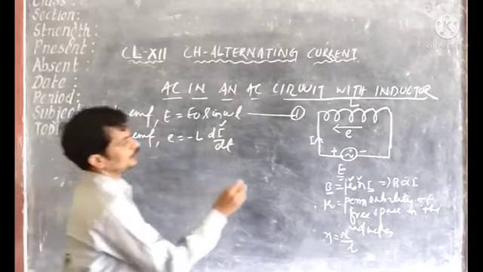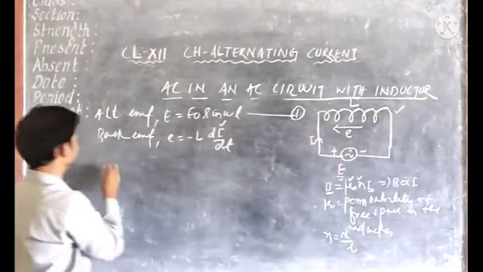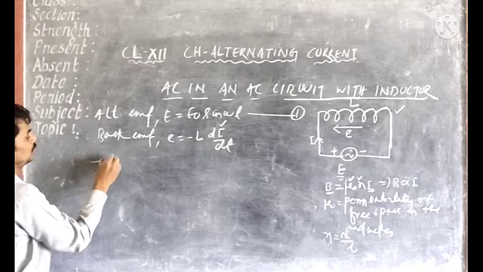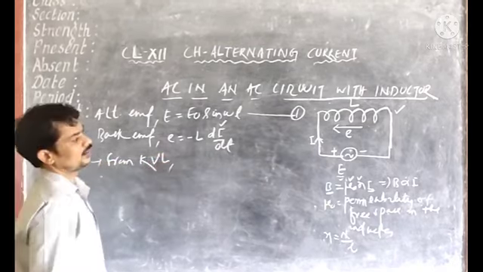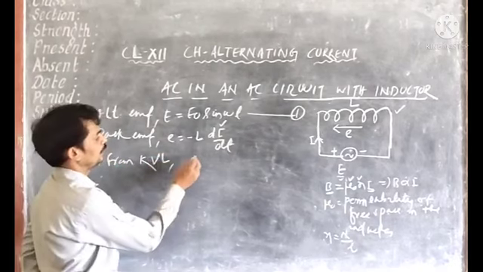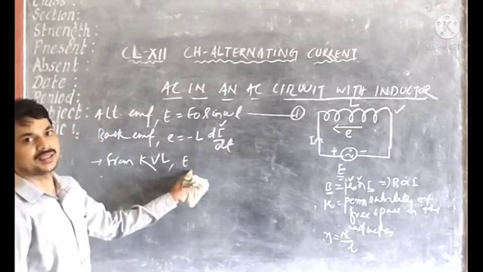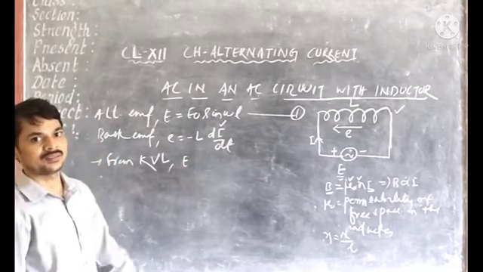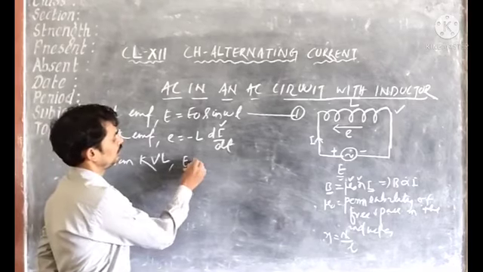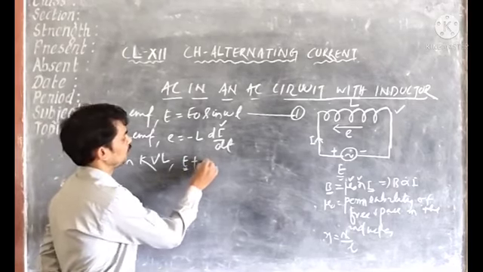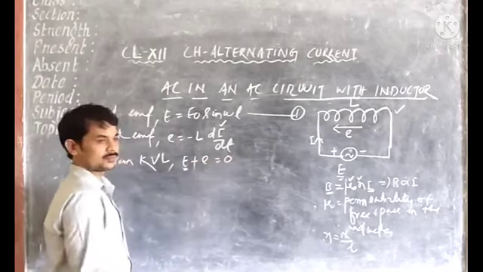Then by applying Kirchhoff's voltage law in the circuit, we can write that the net change of potential in the circuit will be equal to 0, that is, this external EMF plus the EMF which is set up is going to be 0.